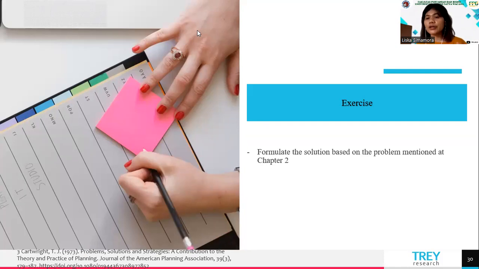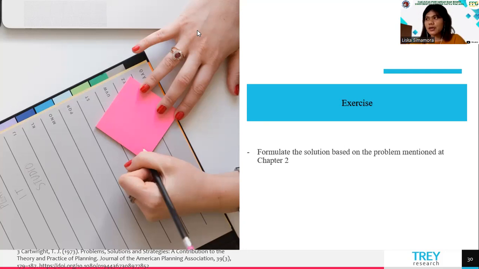Of course, you have to define your problem based on 4 types of problem. Define them first, and for each definition of problem based on those types, try to generate the solution.